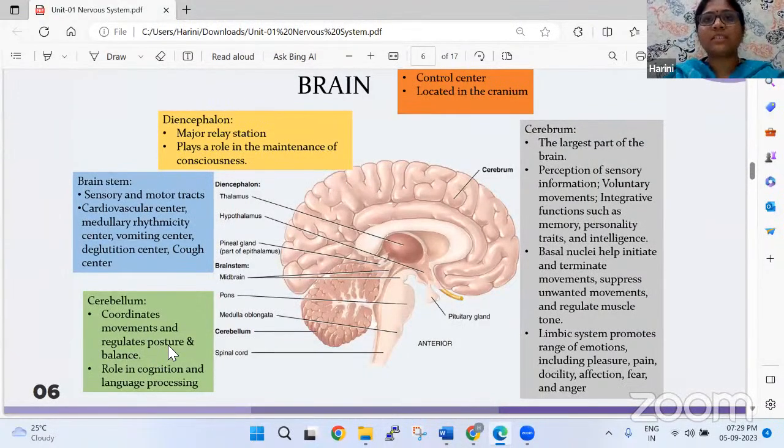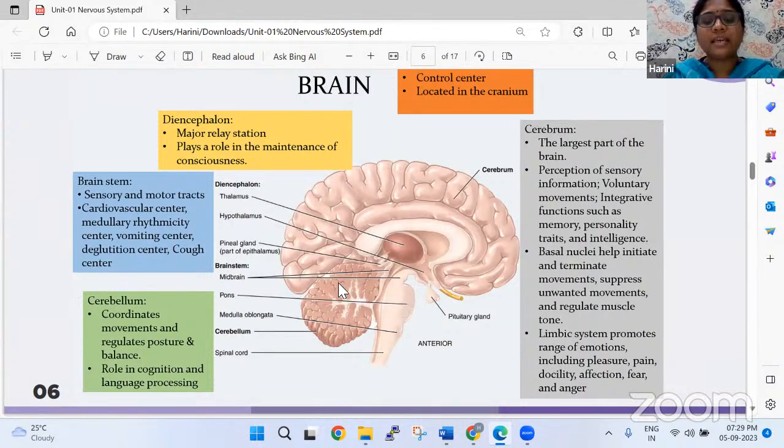Right now, I'm sitting perfectly, that is the posture, or whenever you're walking, the balance. Whatever movement actions, all are controlled mainly by the neurons present in this cerebellum. It also has another function, that is cognition, which is nothing but memory and language processing. So the cerebellum also plays a very important role.